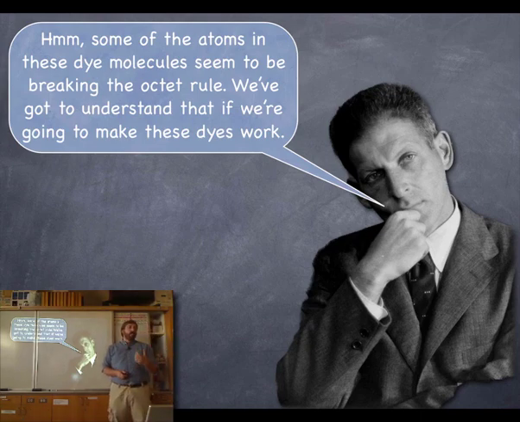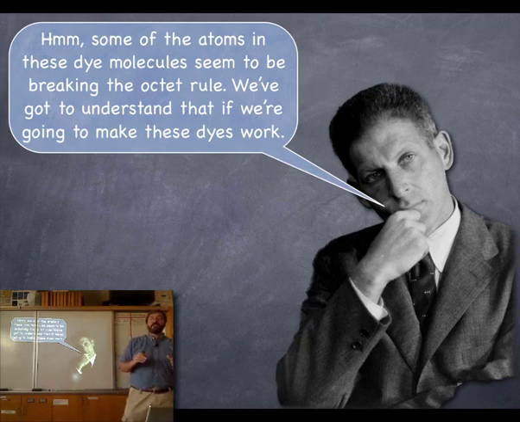But there are ways that we can violate the octet rule. There are ways that elements can have more than 8 electrons, and there are a few elements that will have less than 8 electrons. We already know, of course, about hydrogen and the duet rule for that first energy level, where it's filled with 2 electrons.